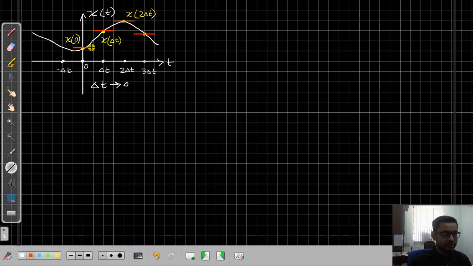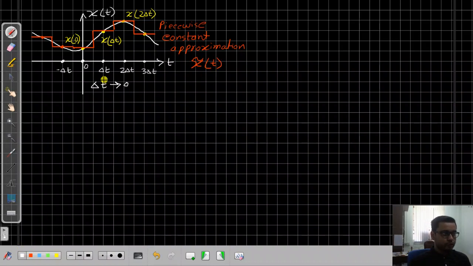This way we can join these parts, and this is how the piecewise constant approximation of the original signal looks. Call it x tilde(t).